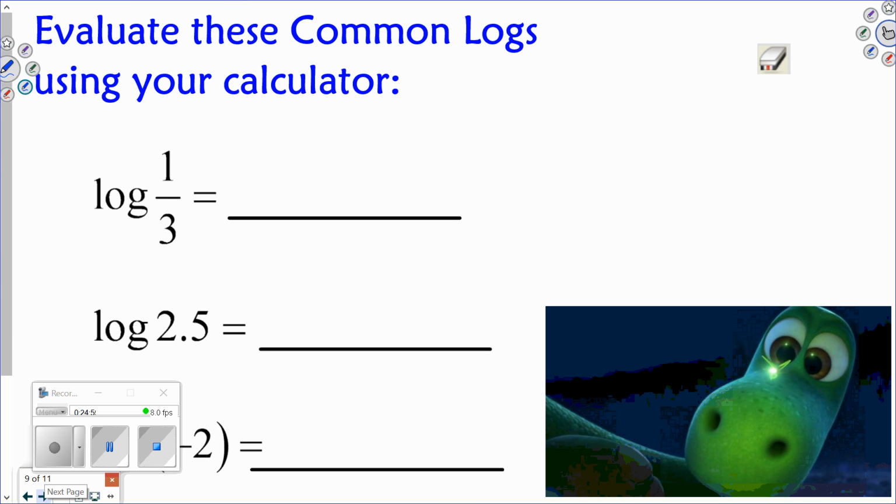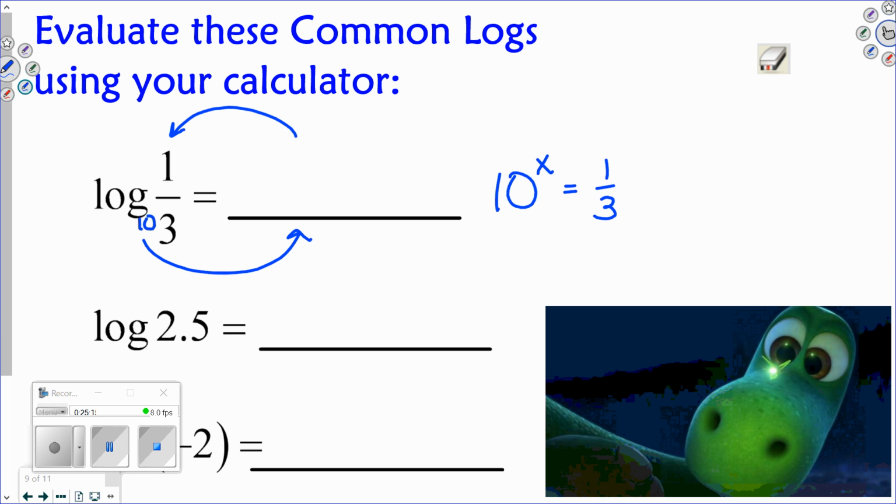So let's go ahead and practice the calculator a minute, and let's talk about why we're going to go to the calculator. What's my base number? 10. So this is saying 10 to what number equals 1/3? What do we know for sure it's going to have to be? It's got to be negative because it's going to be on the bottom.